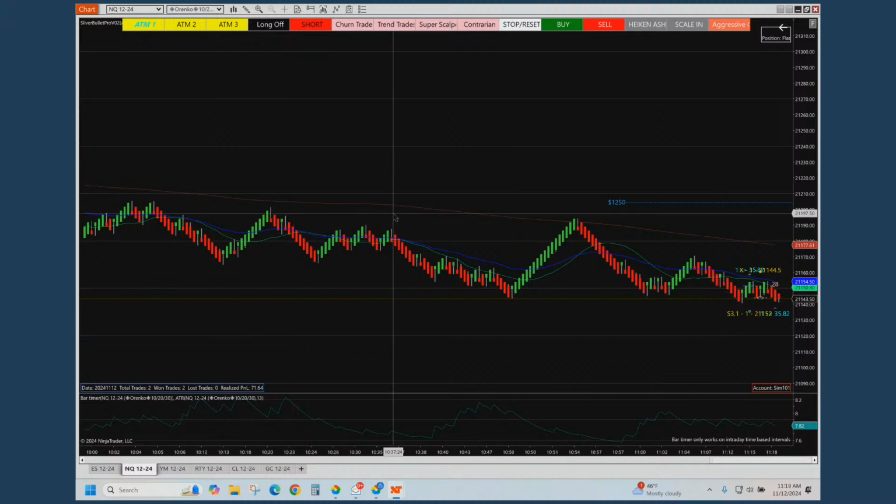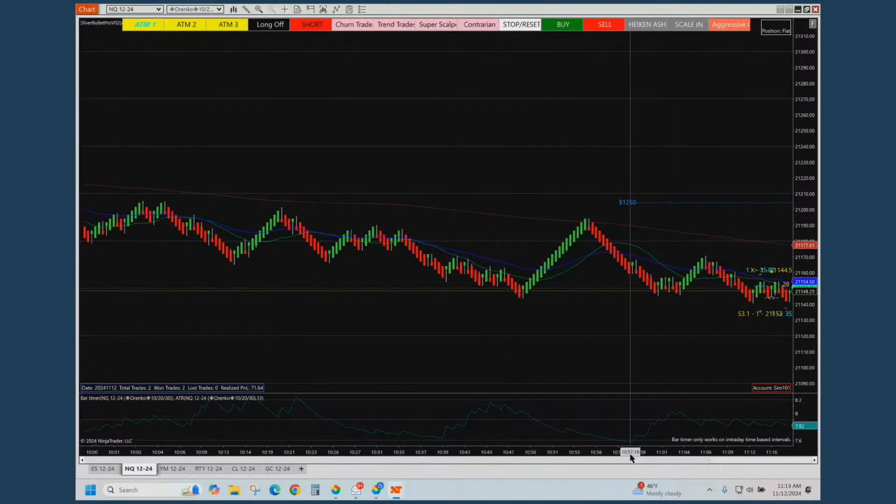Not bad for the session so far, which is only 10 minutes since we started to trade. Was it 10 minutes? Yeah, somewhere. Yeah, in fact, 5 minutes only, it looks like. So in 5 minutes, made $70.